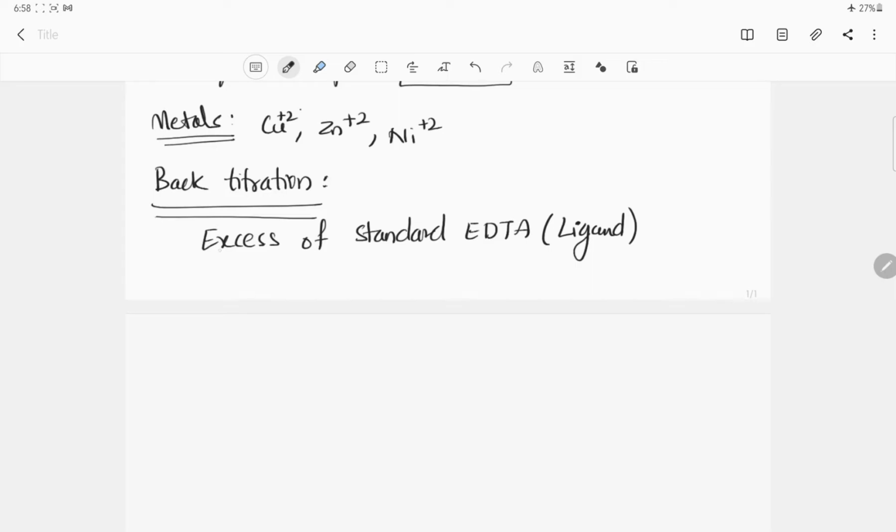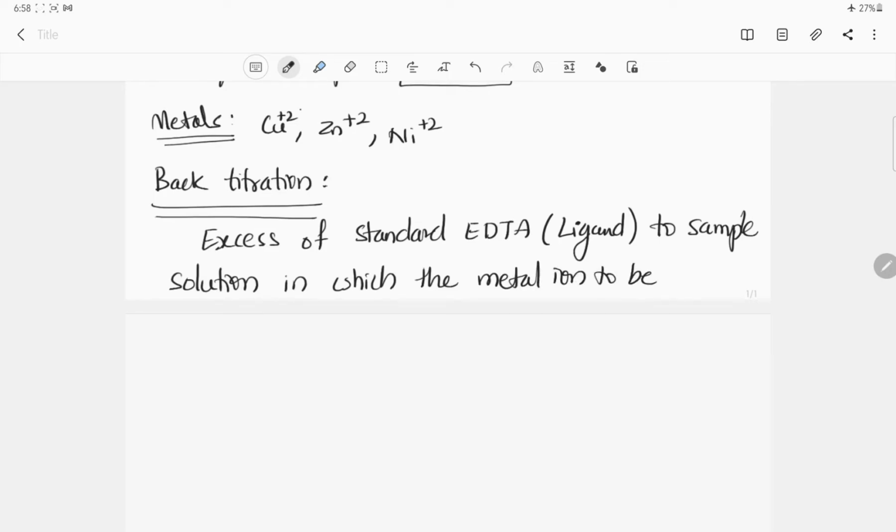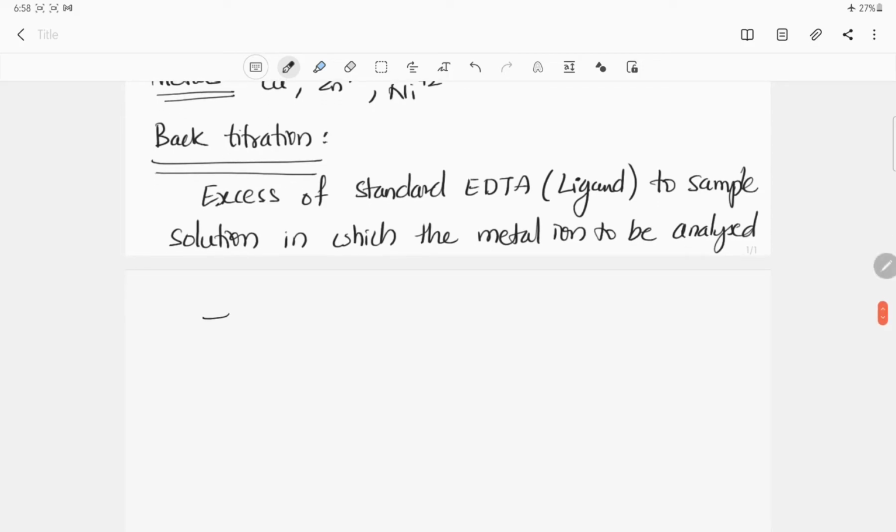Whenever we have added excess of standard EDTA, that is ligand, to the sample solution in which the metal ion is to be analyzed.